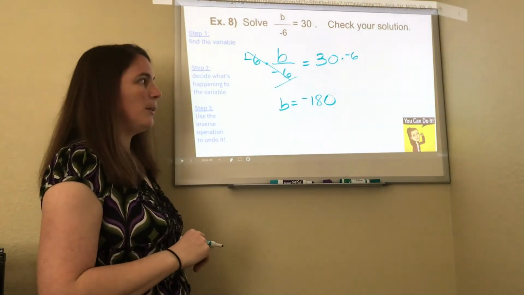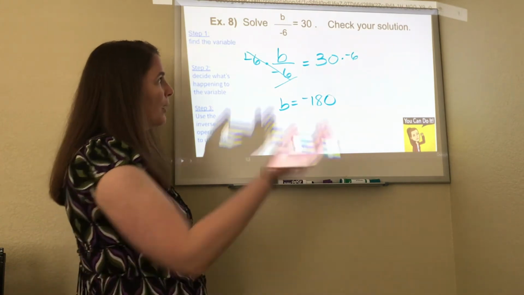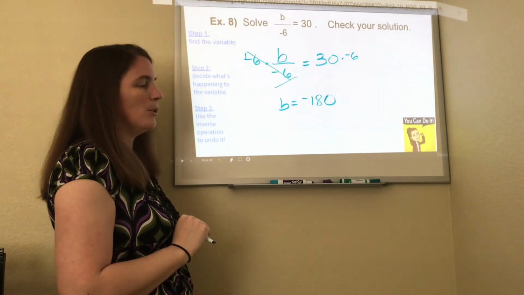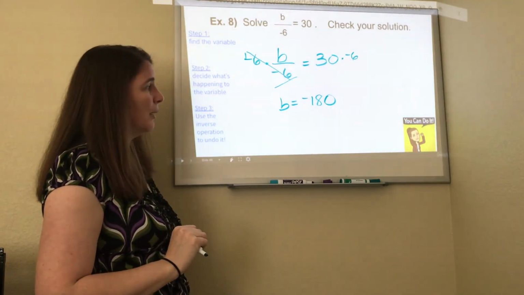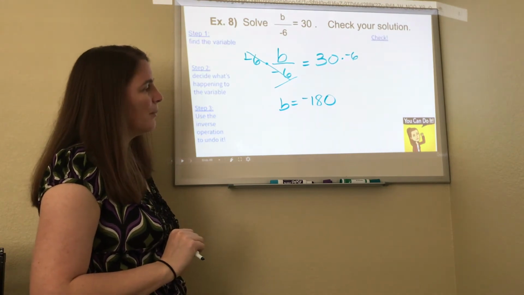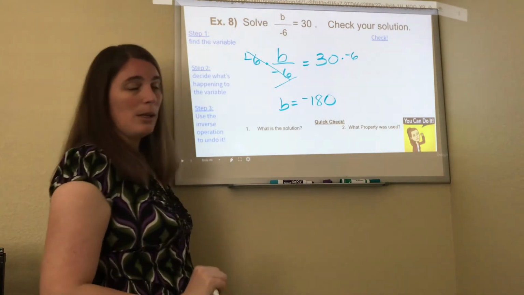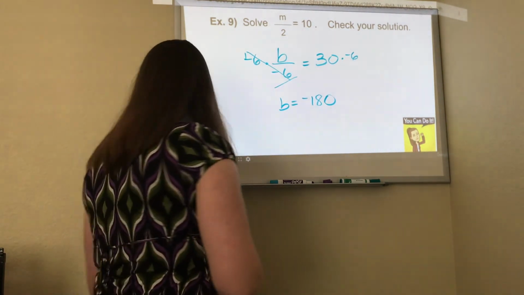So your solution is B equals -180. Go ahead and check your solution. If you divide 180 by -6, would you get 30? And then what property was used? You multiplied, so that means that you used the multiplication property of equality.